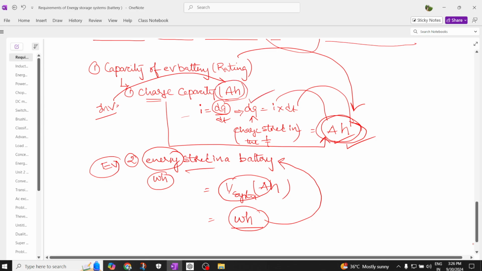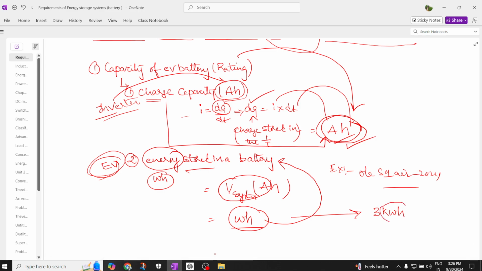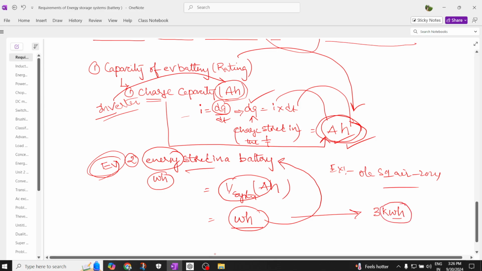If you go to an inverter shop, they call the rating of a battery ampere hour. For an electric vehicle battery, they specify it differently. Take the example of the Ola S1 Air 2024 model: the rating of the battery is 3 kilowatt hour. It is defined in terms of energy stored, which is watt hour.